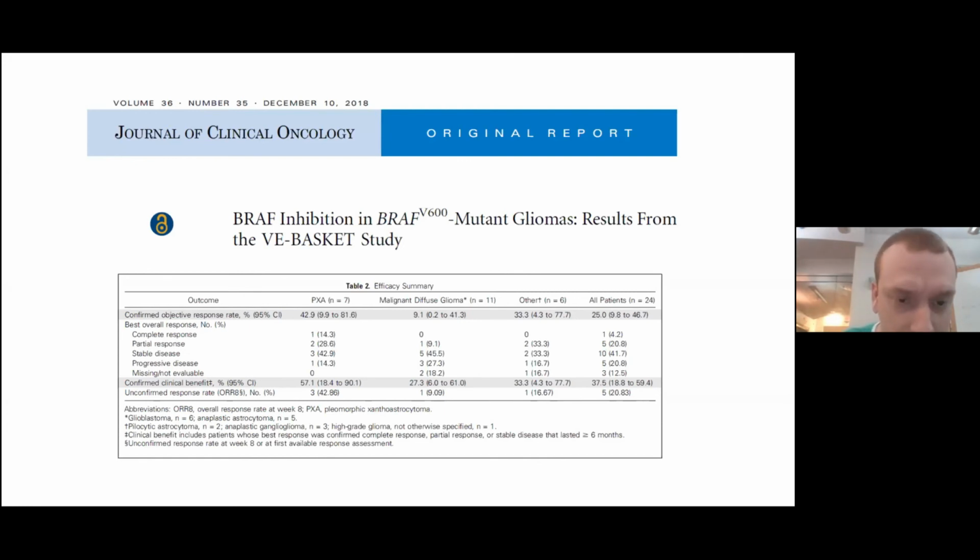They mentioned here that 57% of the patients had a clinical benefit of systemic treatment with BRAF inhibition. Although this is a small number and a very early study, this is something that maybe in the future will have a role in the treatment of gliomas that have this mutation.